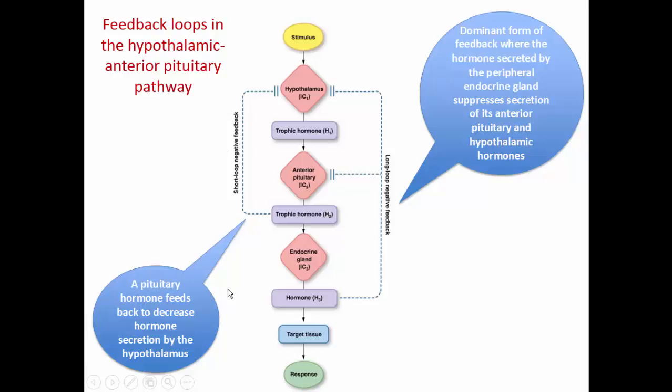The short loop negative feedback is when a pituitary hormone feeds back to decrease hormone secretion by the hypothalamus. So this is shown here with this dotted line. With the long loop negative feedback, it's important to note that this is the dominant form of feedback, where the hormone secreted by the peripheral endocrine gland, shown here, suppresses secretion of its anterior pituitary and hypothalamic hormones.